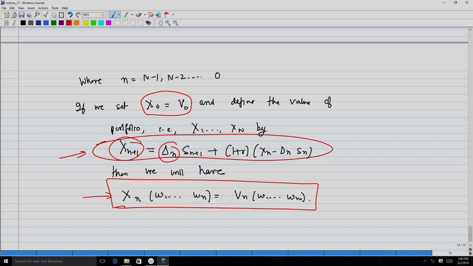So, this does two things. It gives you the replication strategy and shows that it actually works, and secondly, it gives you a formula for valuation of the option price. Just to sum up whatever we have discussed today, we mainly looked at two things. We looked at a 2-period binomial model and a 3-period binomial model, and we extended the pricing of a derivative or an option from the 1-period model to the 2-period model.